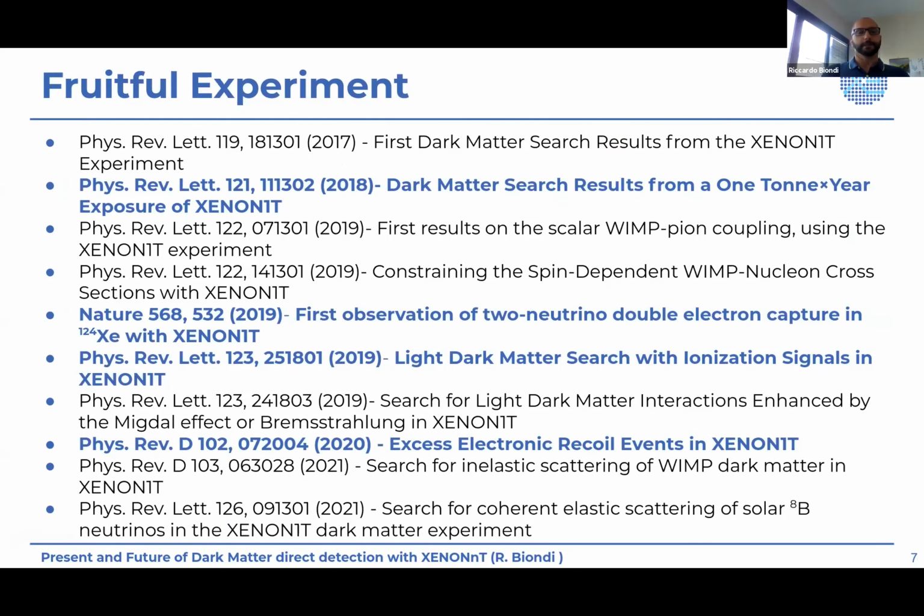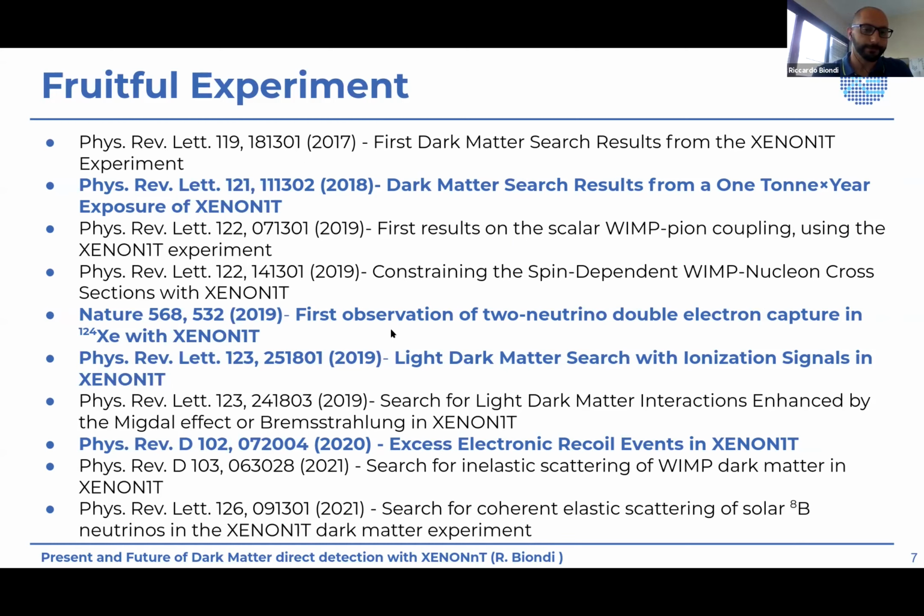This was indeed a fruitful experiment. Here is a list of the publications that derived from all less than 300 days of operation of the XENON1T experiment between 2017 and 2018.